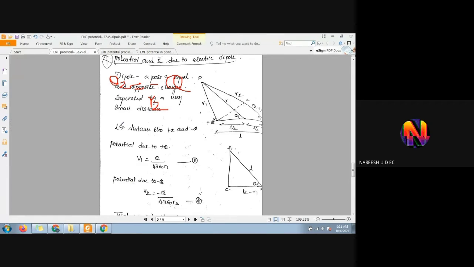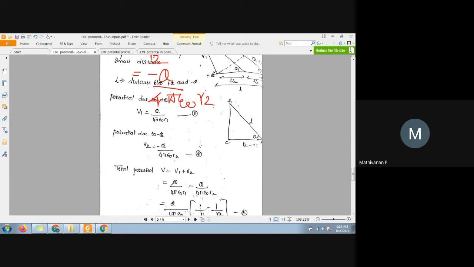Minus Q divided by 4 pi epsilon naught R2. Now, how will you find out the total potential? By adding V1 and V2. So do that one. This is V1 plus V2. So we know that V total is equal to V1, that is nothing but Q divided by 4 pi.